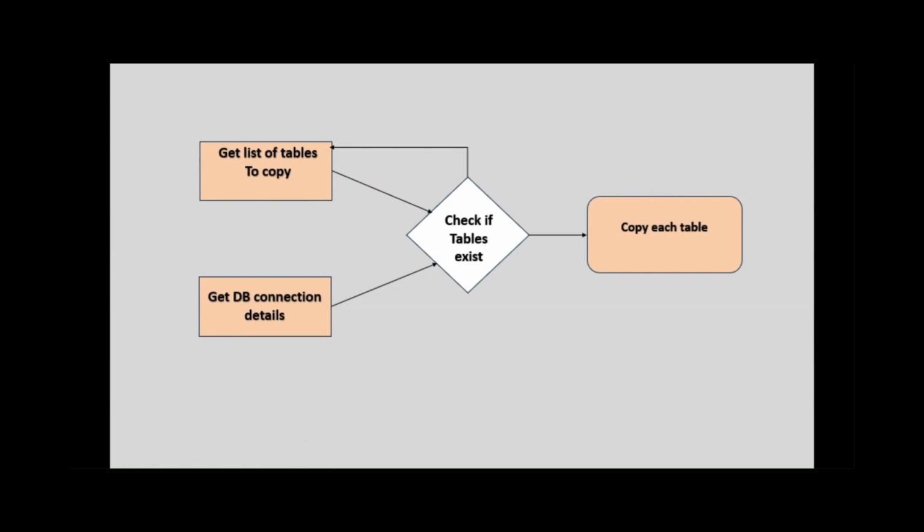Sometimes you might get like 100 tables, and checking these tables manually is a lot of work. So I think this will be the first basic thing that we should do in our pipeline before the copy is performed. If all the tables exist, then we proceed ahead to perform a copy activity for each and every table. Otherwise, we'll have to loop through this process until we get all the tables needed. Then we'll proceed ahead with the copy activity.